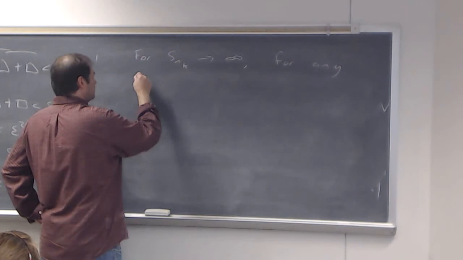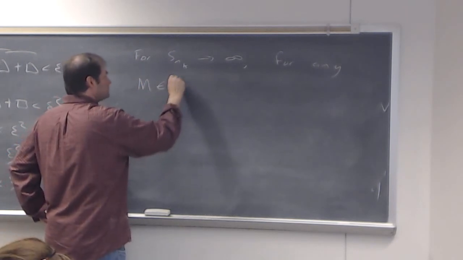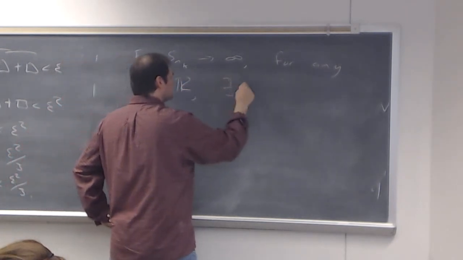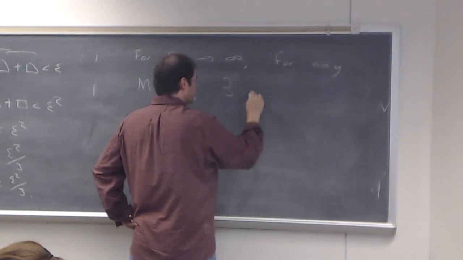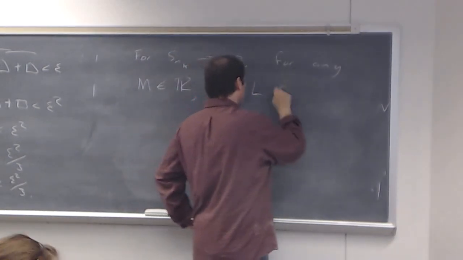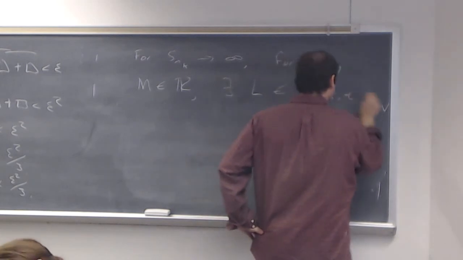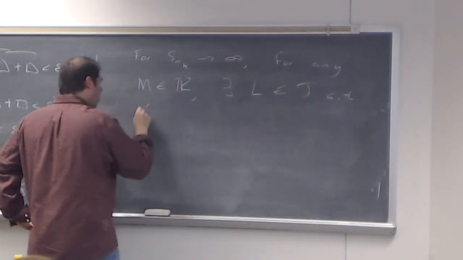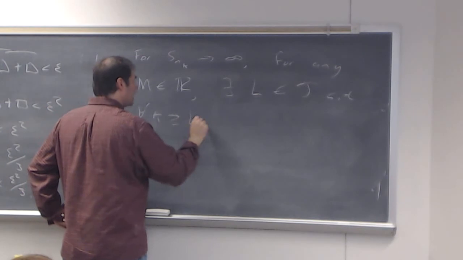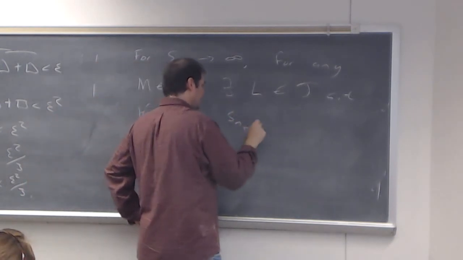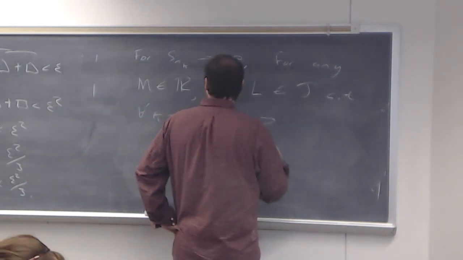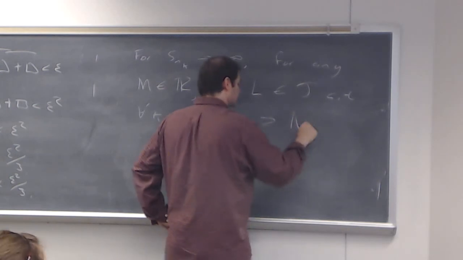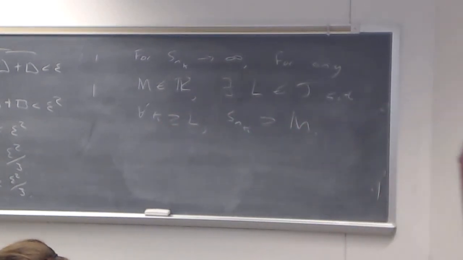For any M, element of R, there exists, I'm going to call it a big L, element of the natural numbers such that for all k bigger than or equal to big L, S of n sub k is bigger than M. That's the definition. I might have used different symbols when I gave the definition, but that's the definition.